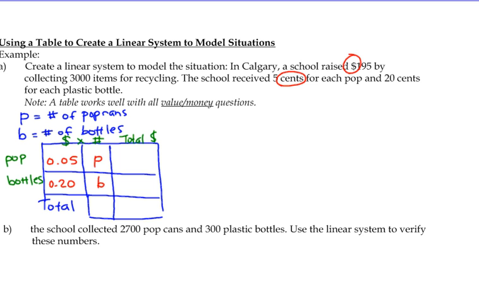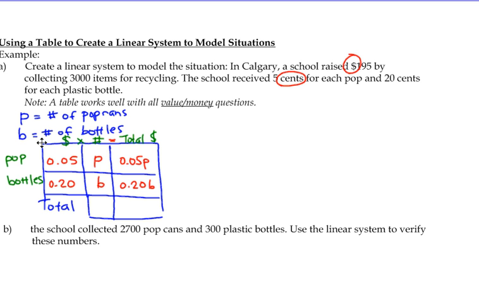All right, so then the total money collected in pop cans, if they're 5 cents each and I collected P pop cans, would be 0.05p. These two multiplied together. And the total money collected in bottles would then be 0.20b.